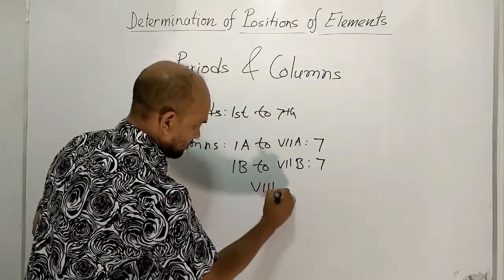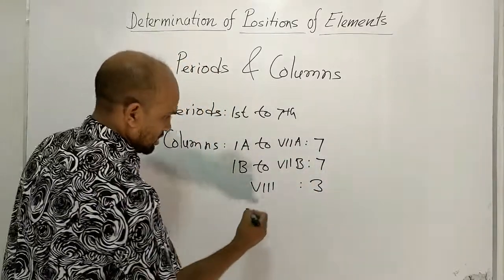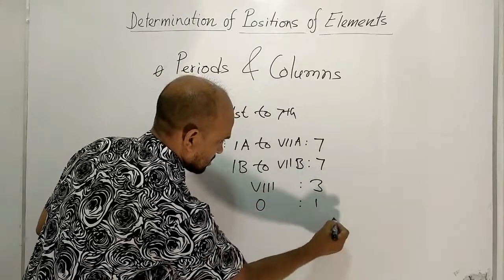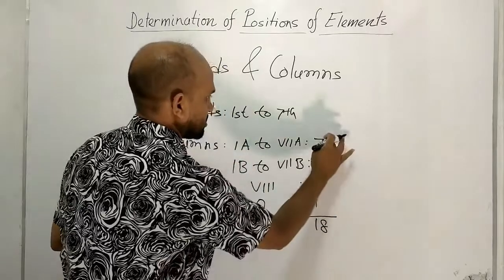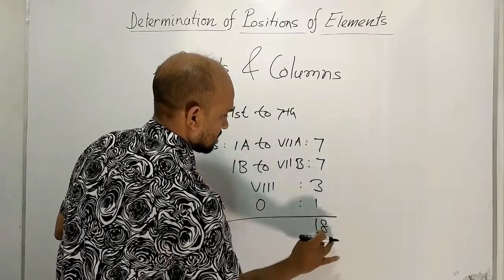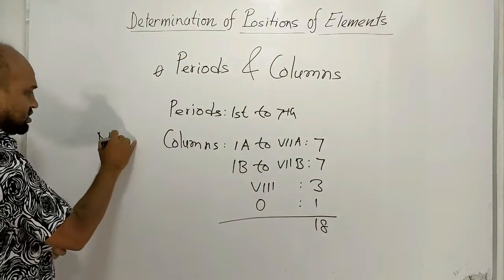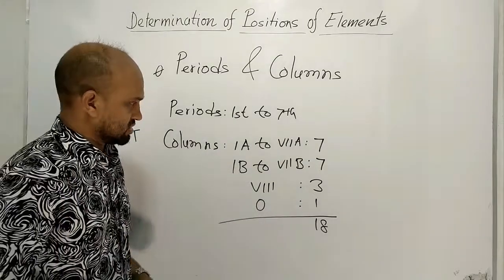Then column 8 with 3 columns. Another column, that is 0. Total 18 columns. This is in the modern periodic table. There are 18 columns like this.